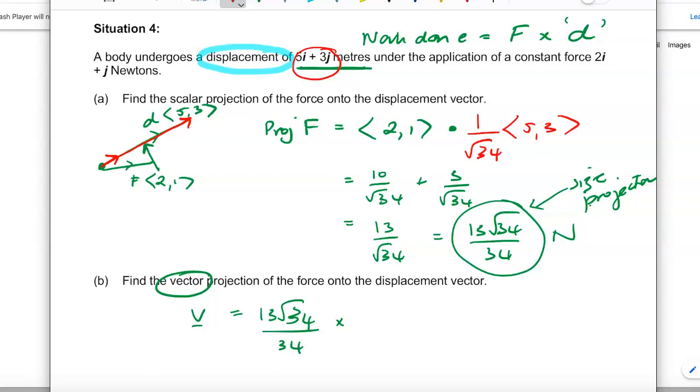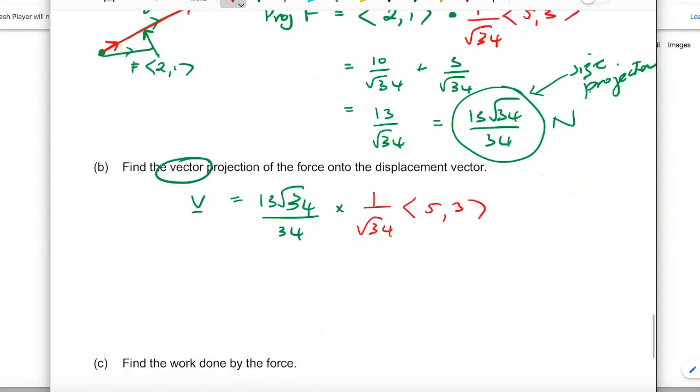And that is going to be the unit vector of the direction we're travelling in. So when we simplify this, we end up with 13 on 34 in the direction of 5,3 newtons. So we've got its size and direction as a vector.